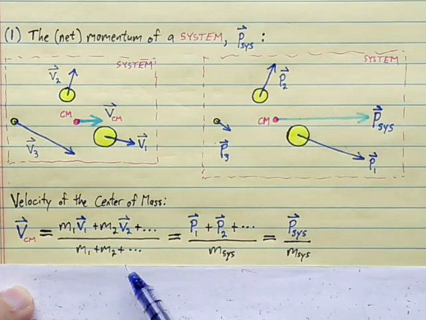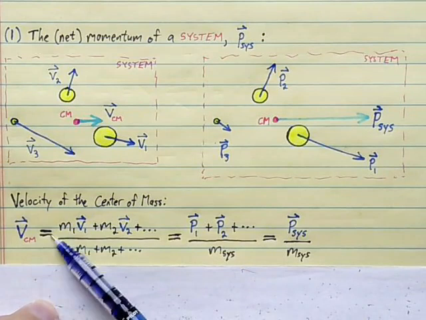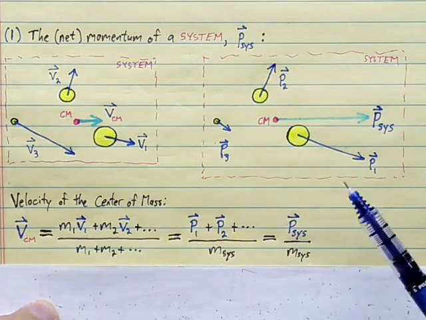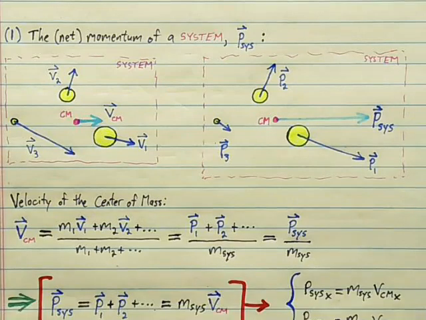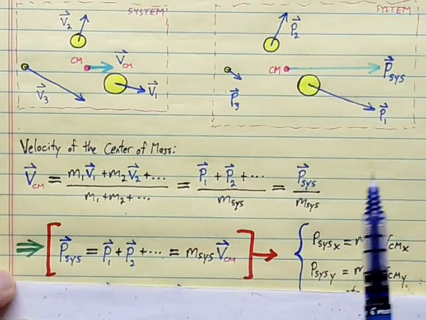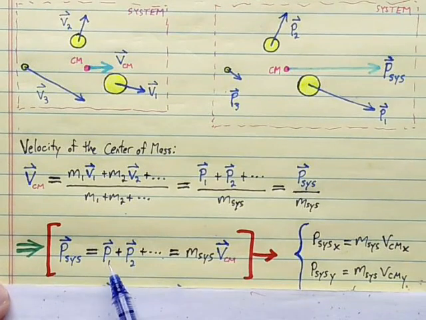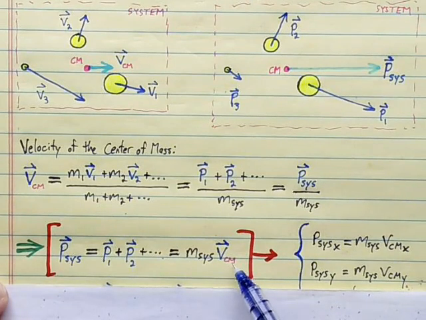And our denominator, the sum of all the masses, I'll call it m_sys, the total mass of the system. So we're noticing that the velocity of the center of mass is exactly equal to the total momentum of the system divided by the mass of the system, the total mass. Rearranged, we define the momentum of the system as the sum of the momenta of the objects, which is also equal to the mass of the system, the total mass, times the velocity of the center of mass.